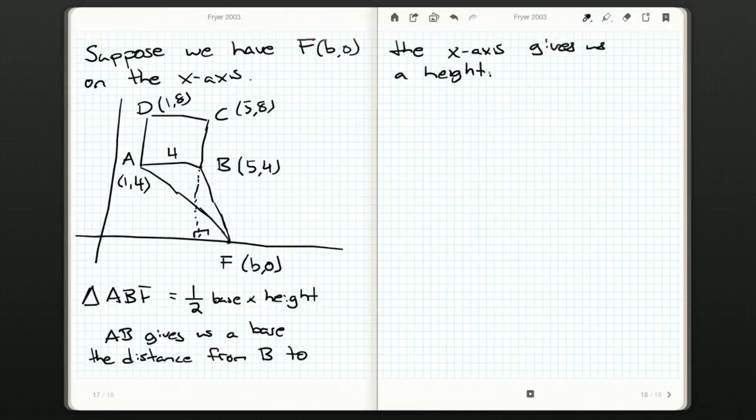So notice that AB gives us a base, and from B to the x-axis, or indeed from A to the x-axis, that gives us a height for our triangle ABF.